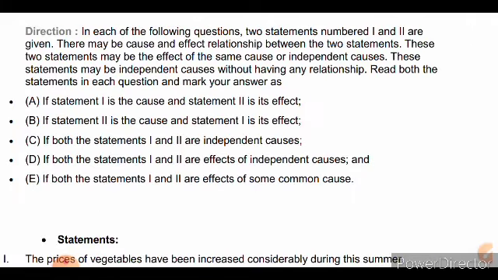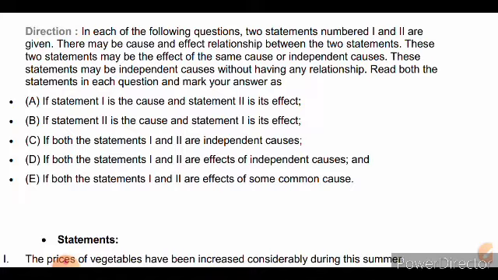In each of the following questions, two statements numbered 1 and 2 are given. There may be a cause and effect relationship between the two statements. These two statements may be the effect of the same cause or independent causes. These statements may be independent causes without having any relationship.